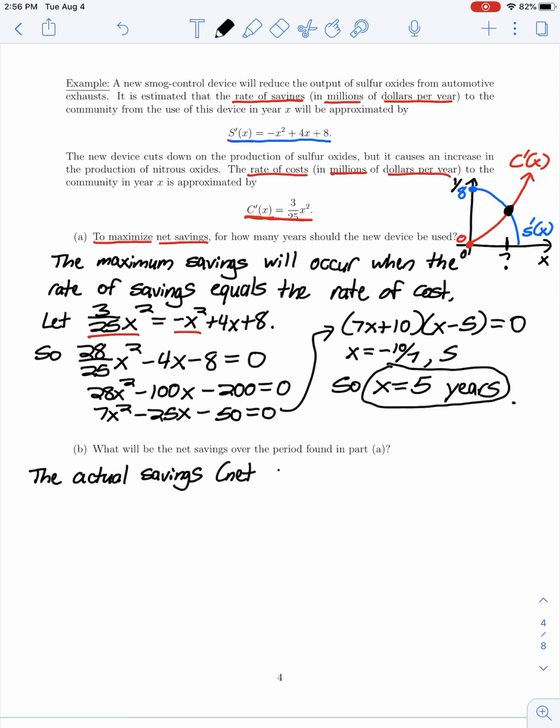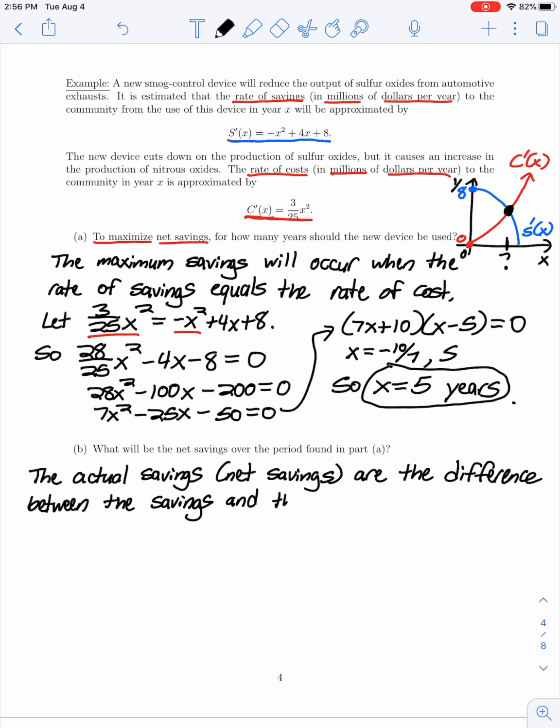So the net savings are the difference between the savings and the total additional costs.